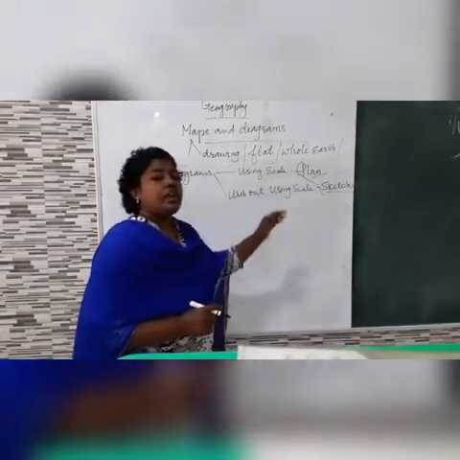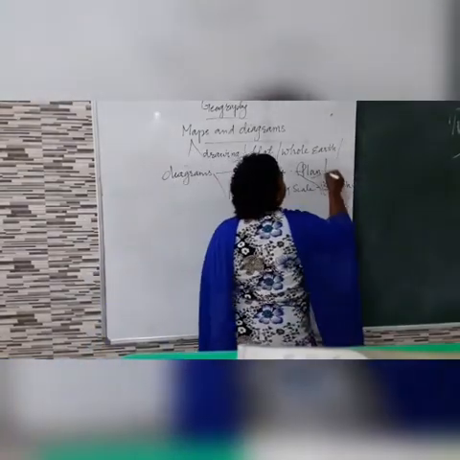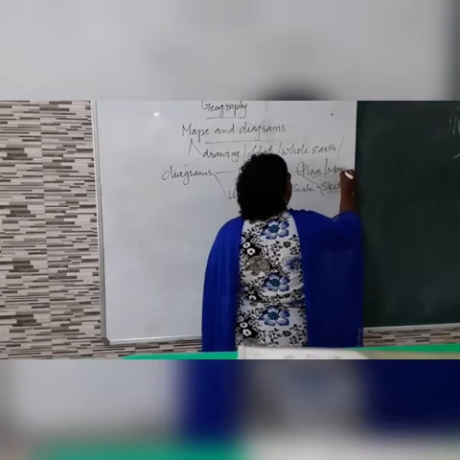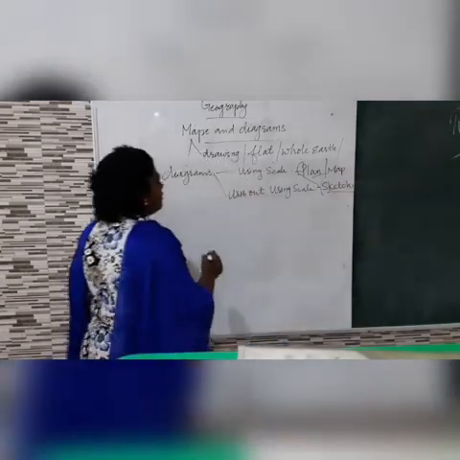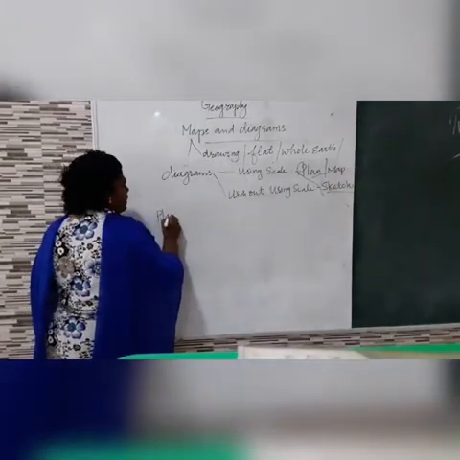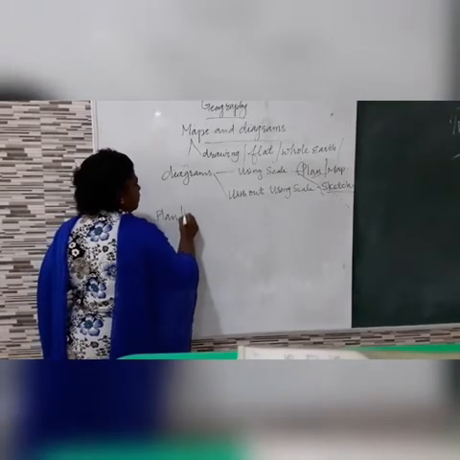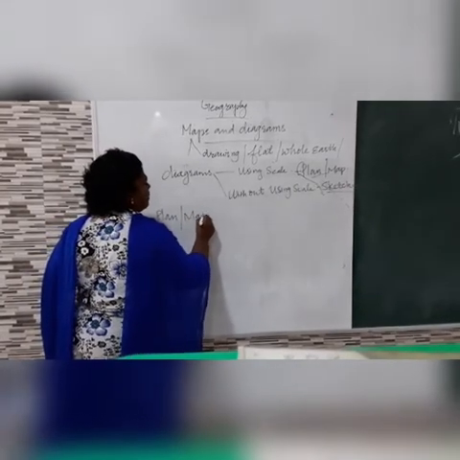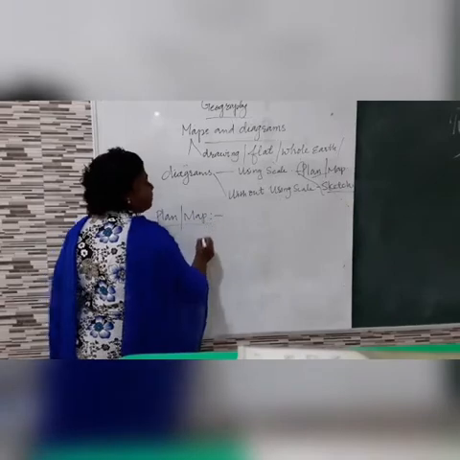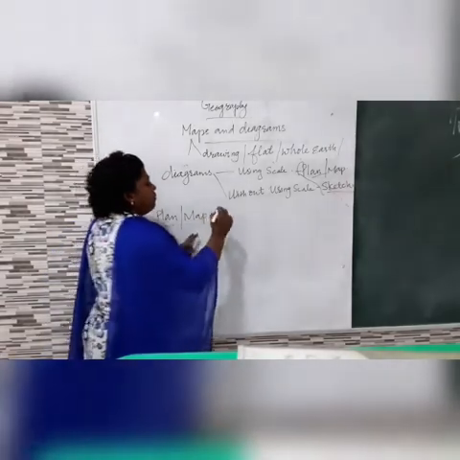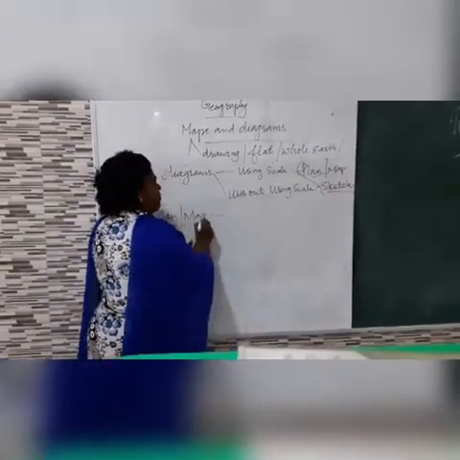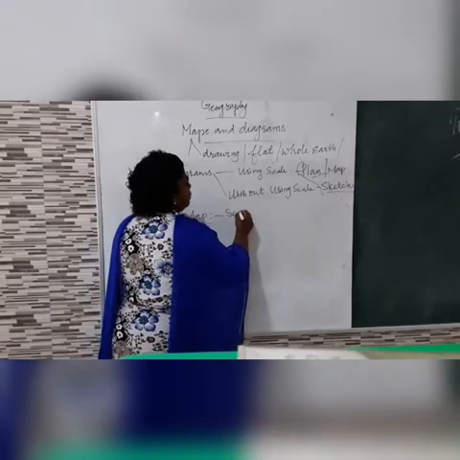Now, plan and maps are the same. Why do we say plan and maps are the same? There are two things. For both plan and map, scale is used to draw.